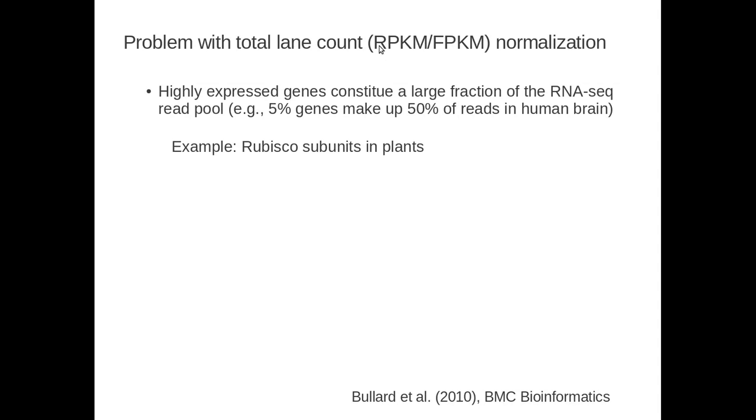Well, that was used for several years until researchers began to think a little bit harder about the problem and realized that there is a major problem, and that is the biological observation that highly expressed genes really do make up a very large fraction of RNA-seq read pools. In a study of the human brain, for example, 5% of genes make up 50% of the total reads from human brain tissue.